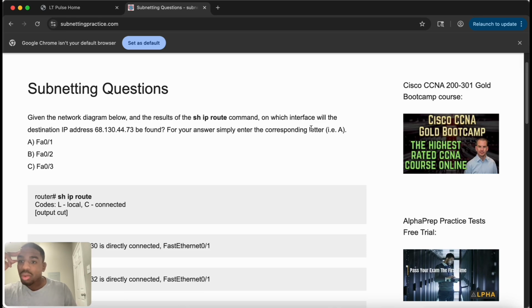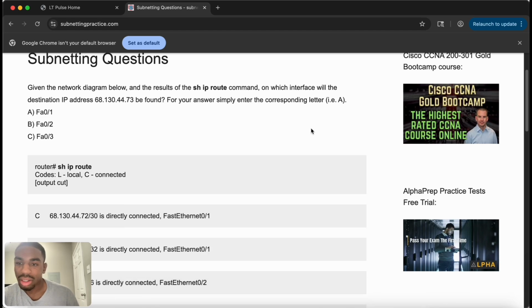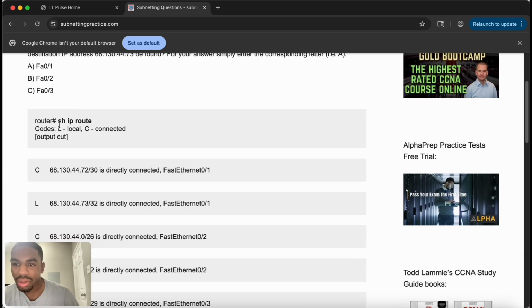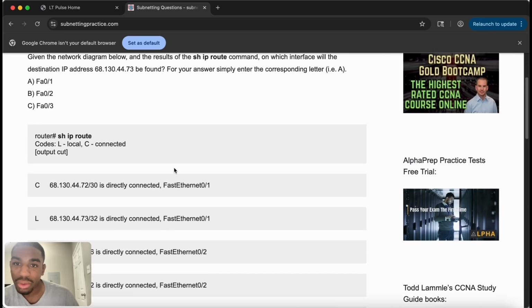On which interface will the destination IP address 68.130.44.73 be found? For your answer, simply enter the corresponding letter. So let's go through this. You'll enter this on the router, and this is the output you'll get, basically a mini routing table.